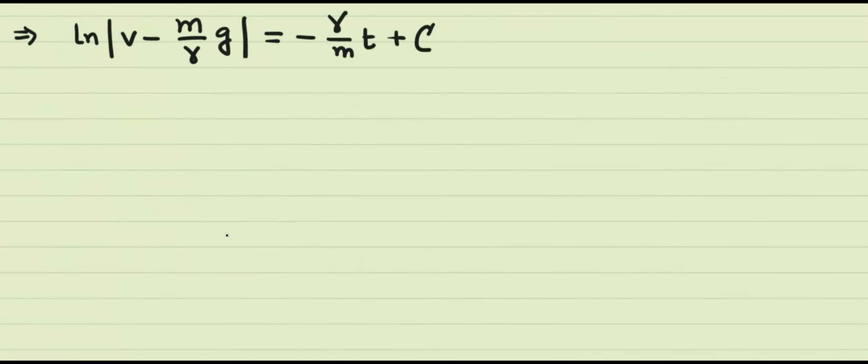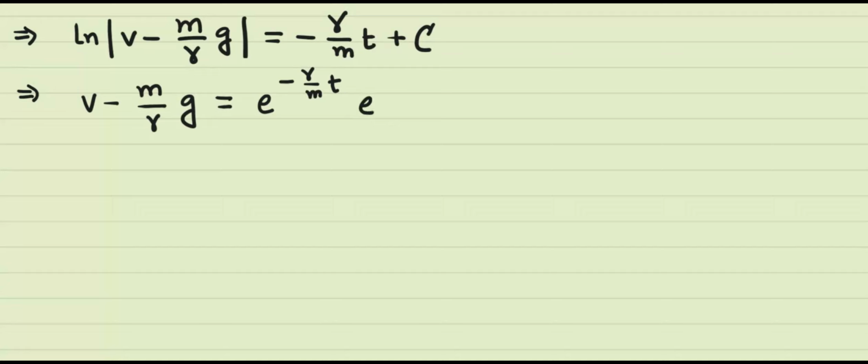Of course we can invert the logarithmic function, so we get v minus m divided by gamma times g equals the exponential of negative gamma divided by m into t, and then we have e to the power C. And of course C being a constant makes e to the power C another constant, and so let me call it some lowercase c, right?